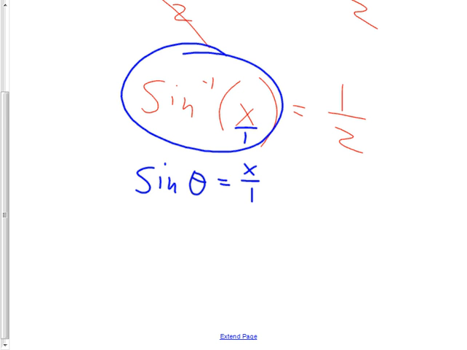What happened to the 1/2? It's still there. I'm going to figure out what this is, and then I'm going to say it's equal to 1/2. First, I got to figure what that is. So if sine of theta is equal to x over 1, then what kind of a triangle could I draw for this?